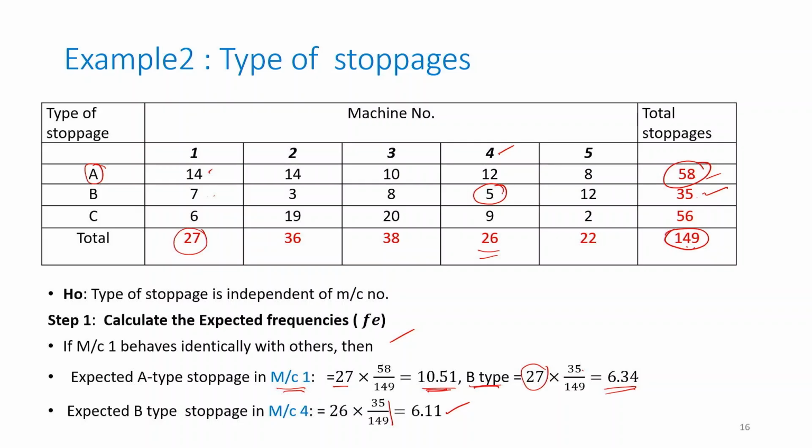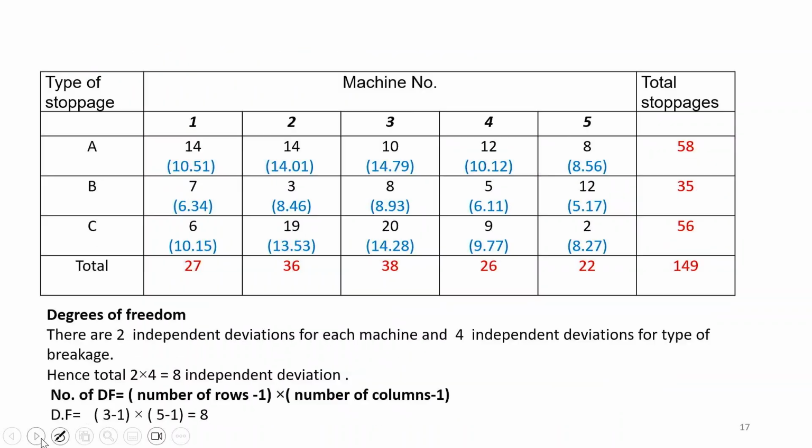So like this, if we follow, we can find out the expected values for all types of stoppages and for all these 5 machines. And if I do this, this table is here. All the figures shown in the blue line are the expected values of stoppages.